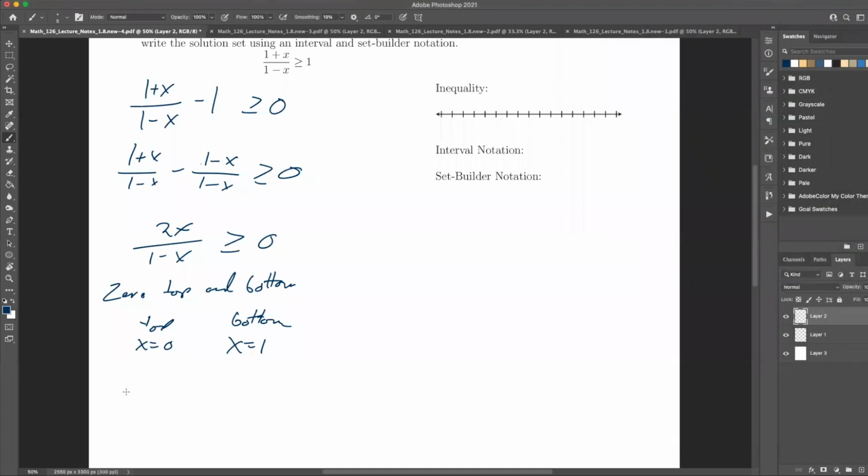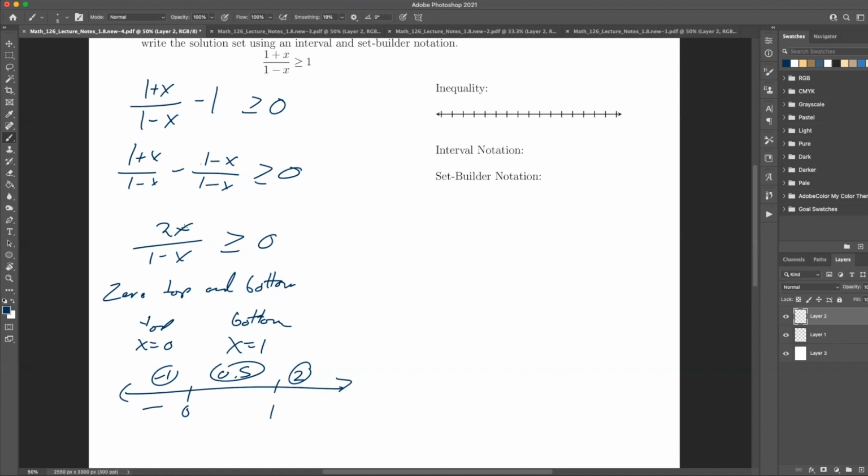So let's do this. We're just going to draw this on a number line. Here we're going to test points, and so we're going to have 0 and 1. The points I'm going to test are -1, 0.5, and 2. The way you test this is you just plug them in here. If I have -1, this would be -2 over 2, which would just be negative.